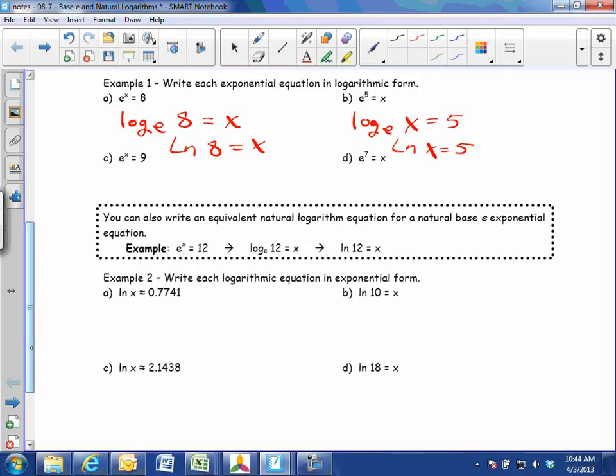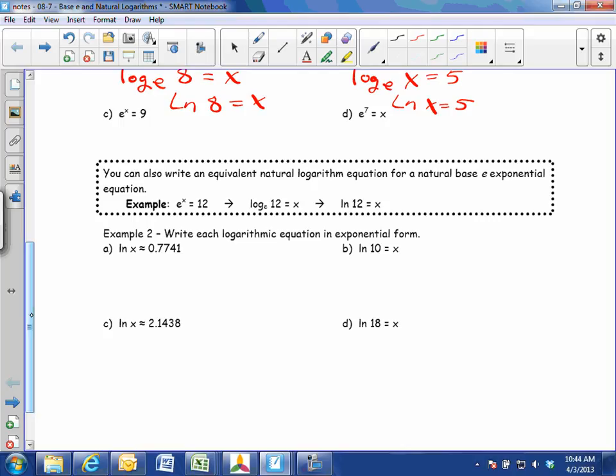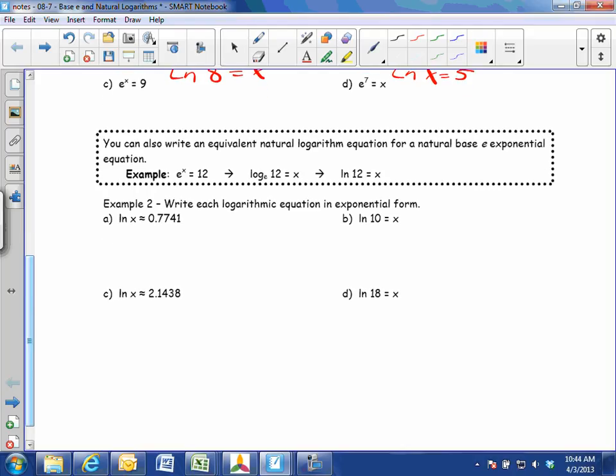You can also write an equivalent natural base e exponential function for a natural logarithmic equation. In other words, we can just go backwards. So it asks us to write it in exponential form. In other words, just reverse what we just did. So natural log of x means log base e of x is about 0.7741.